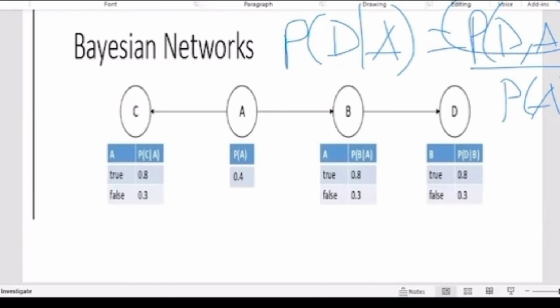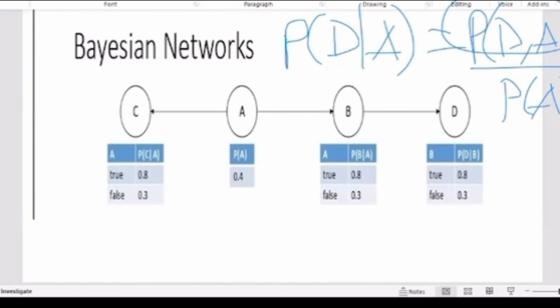DA. There is something in between them. What is that? B. Now we're going to view that as a total probability. It's either that A is observed or it is not.